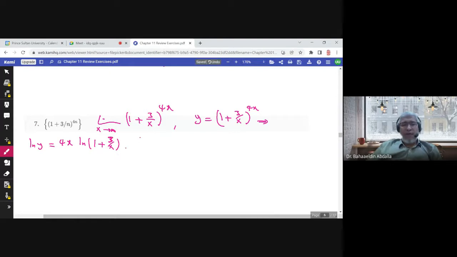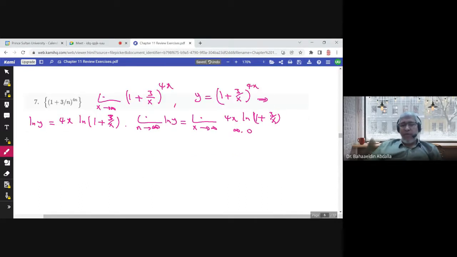And now I find the limit of ln y when x goes to infinity, and the limit of ln y would be the limit of this. Now if x goes to infinity, 3 over infinity is 0, ln 1 is 0. I have infinity times 0. So for infinity times 0, I need to bring one of these two below.